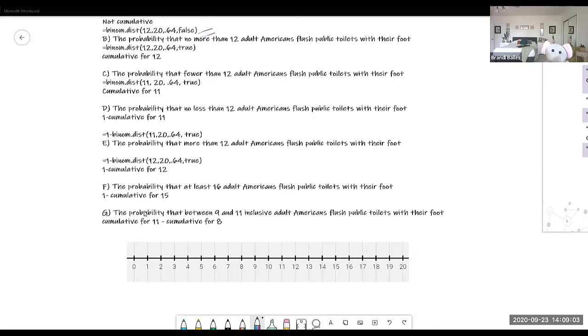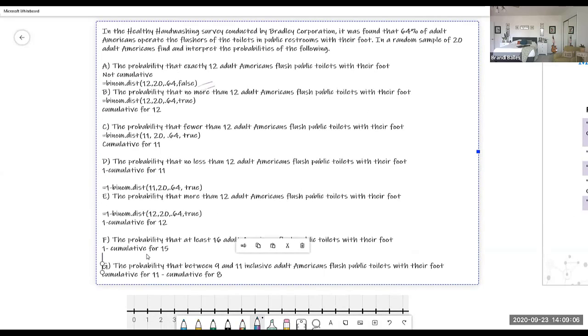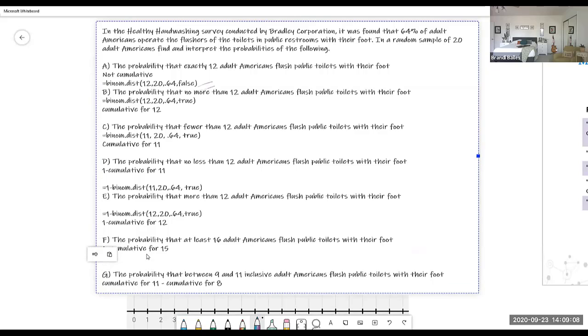All right, so that means equals 1 minus binom.dist of 15, because 16 was okay. 20 is how many people we asked. 0.64 is the probability they said yes. And then true, because I want to take away all the values to the left.